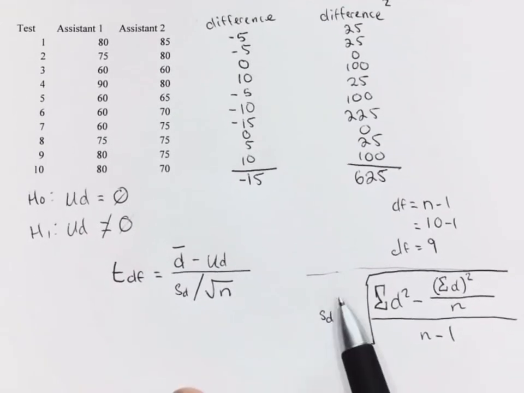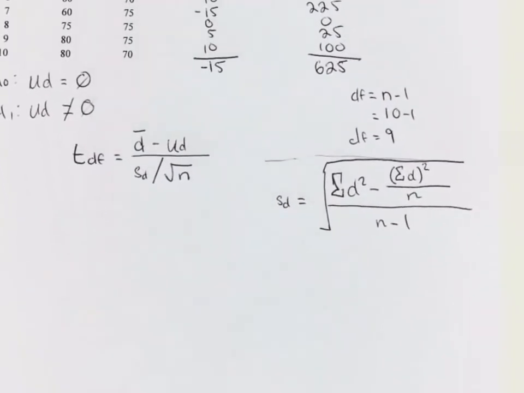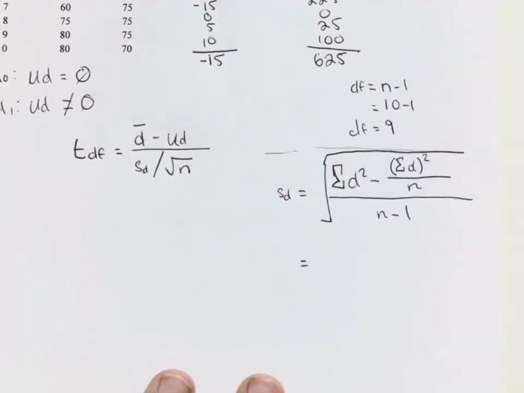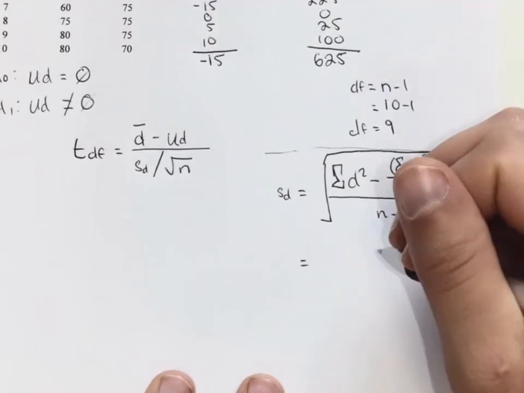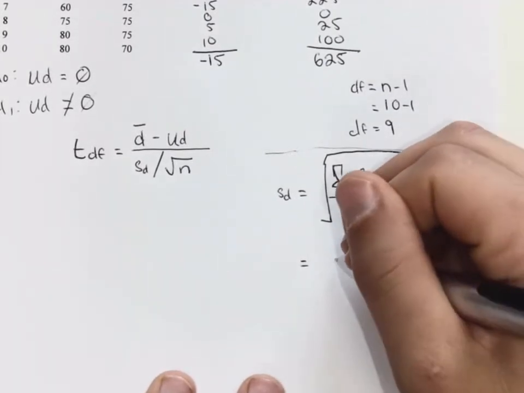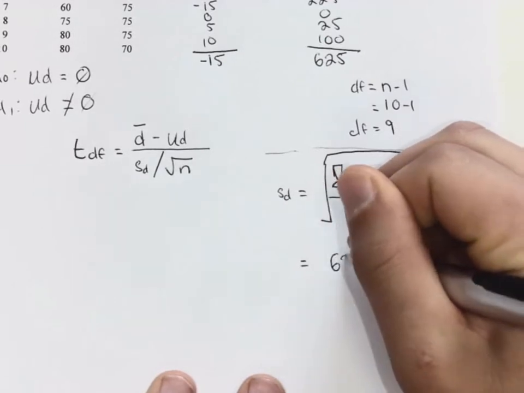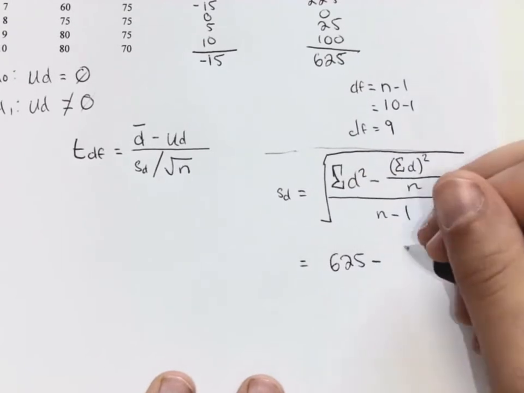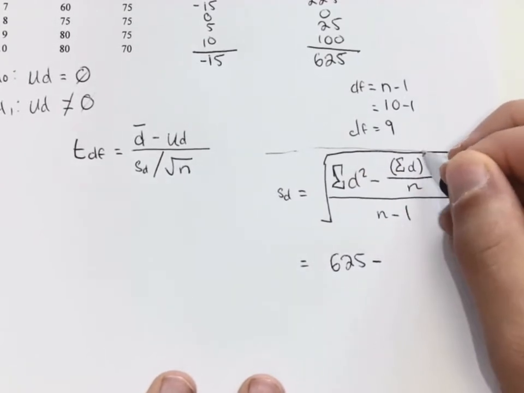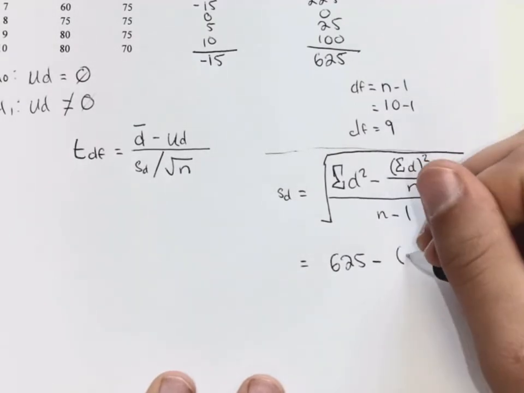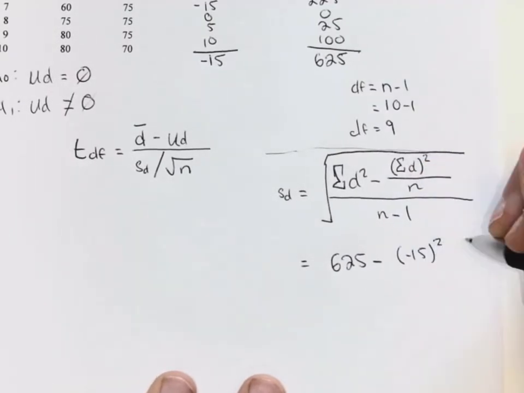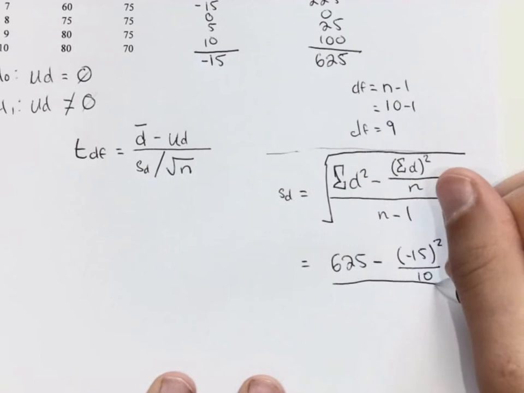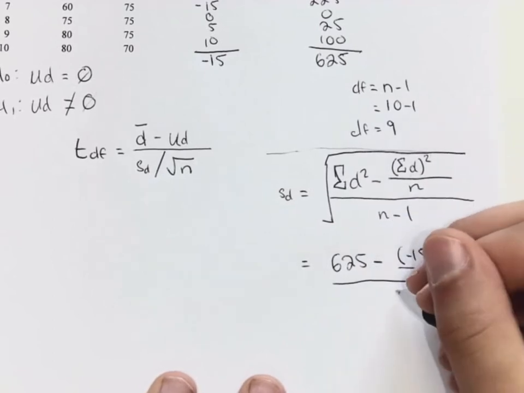So let's move back to our formula here. The sum of our differences squared is 625, less the sum of our differences, which we will square, over n, all over n minus 1, 10 minus 1 is 9.